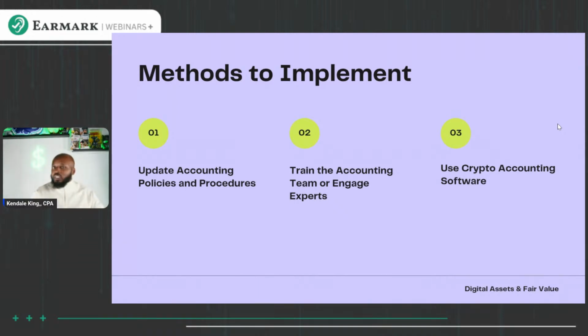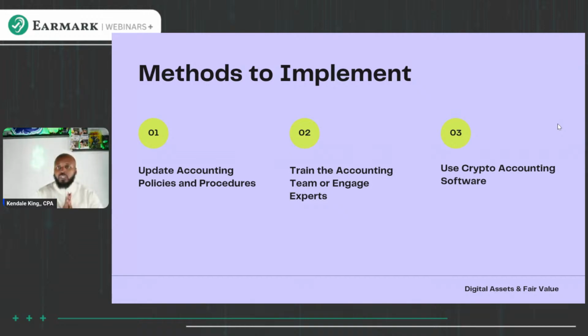There weren't that many in the years before, but there's a ton of firms now who specialize in crypto and do these kinds of things on a daily basis.